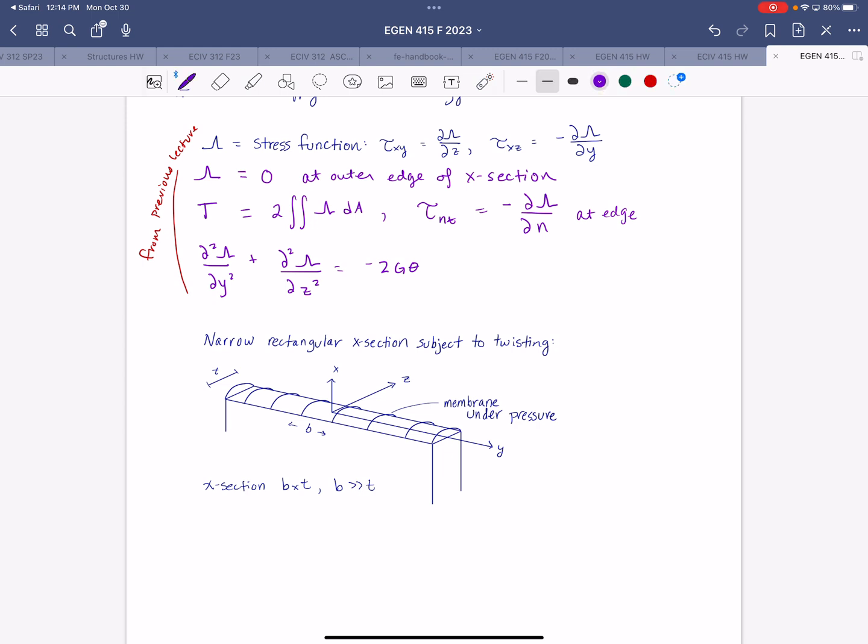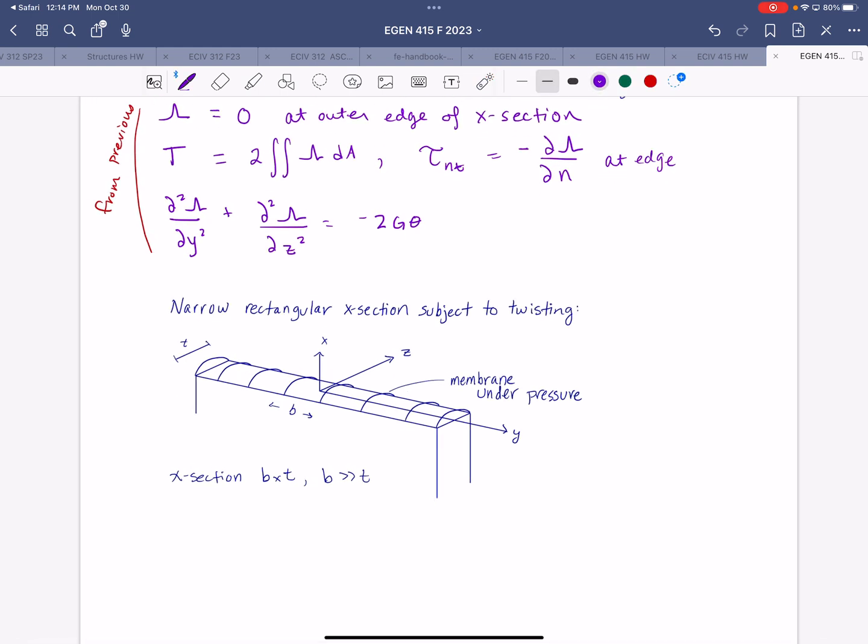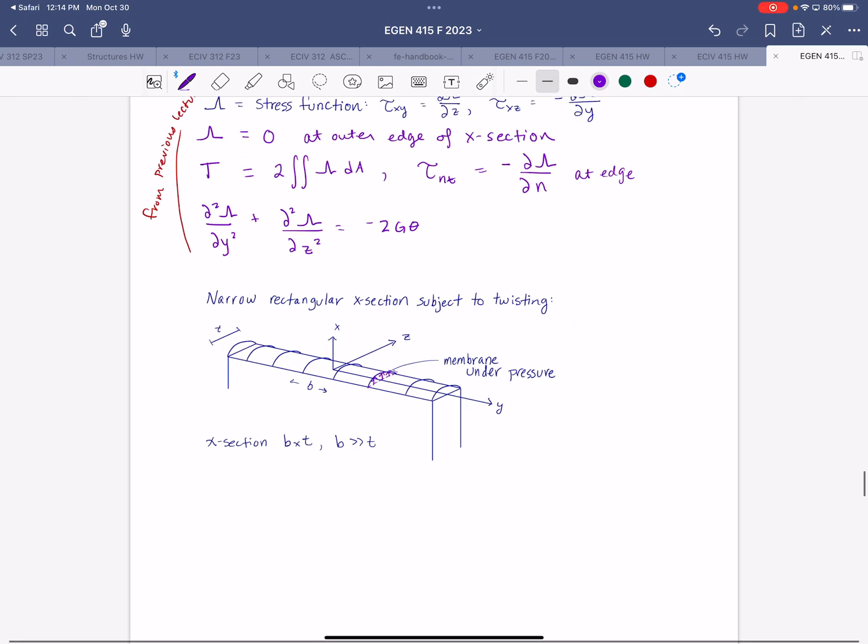And you see this membrane acting under pressure, where lambda represents the magnitude of that membrane, the outer edge of that membrane. And lambda varies, in this case, along the z direction, but for a given point in that z direction, it will be constant in the y direction.